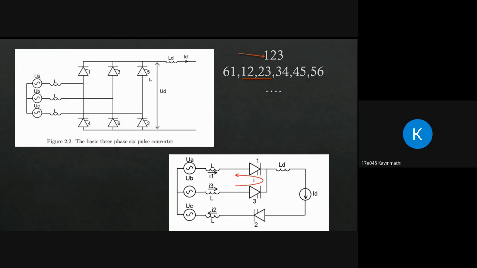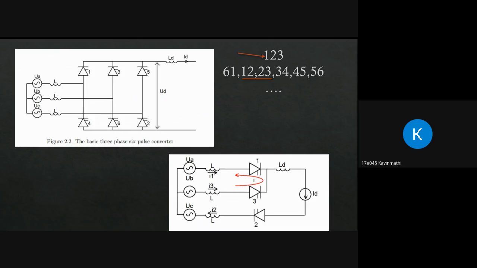When 1 and 2 are in forward bias, the circuit will be like this. But remove this center part, and just assume the outer loop only. After this 1 2 sequence finishes, the 2 3 sequence needs to switch on.